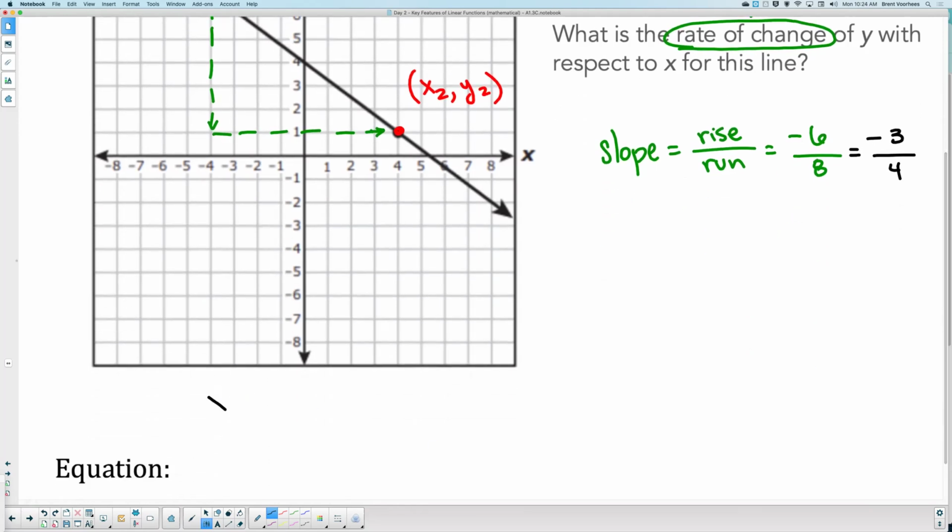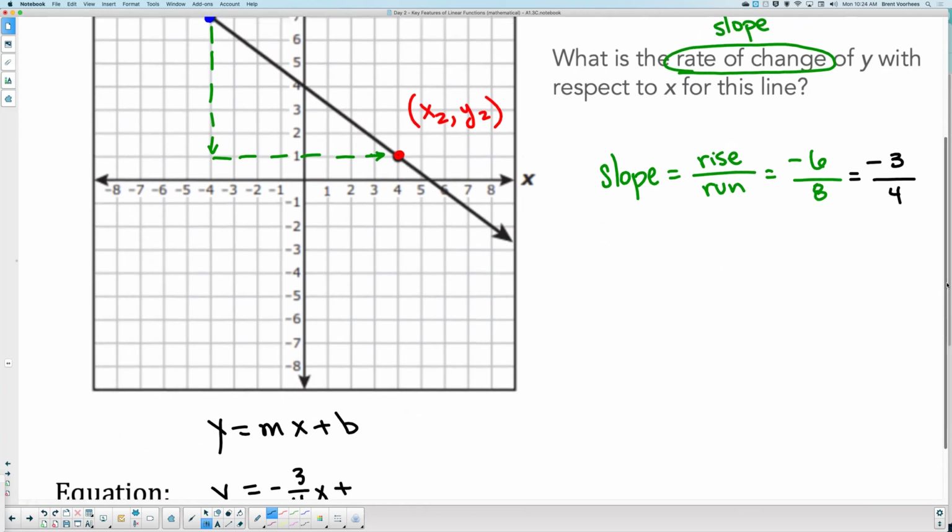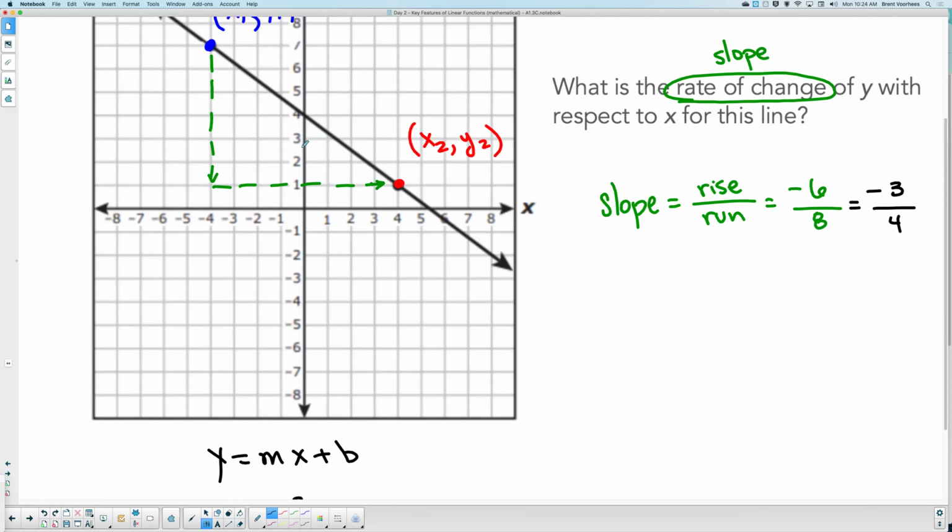If we were going to write the equation, y equals mx plus b, you would say y equals, what does m stand for again? Slope, negative 3 over 4 x plus, what's our y-intercept in this problem? It's not labeled. 4, very good.